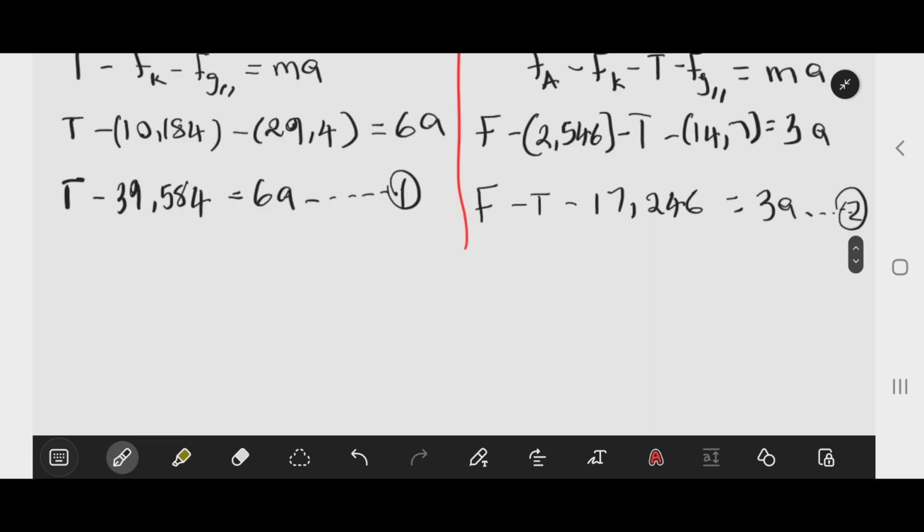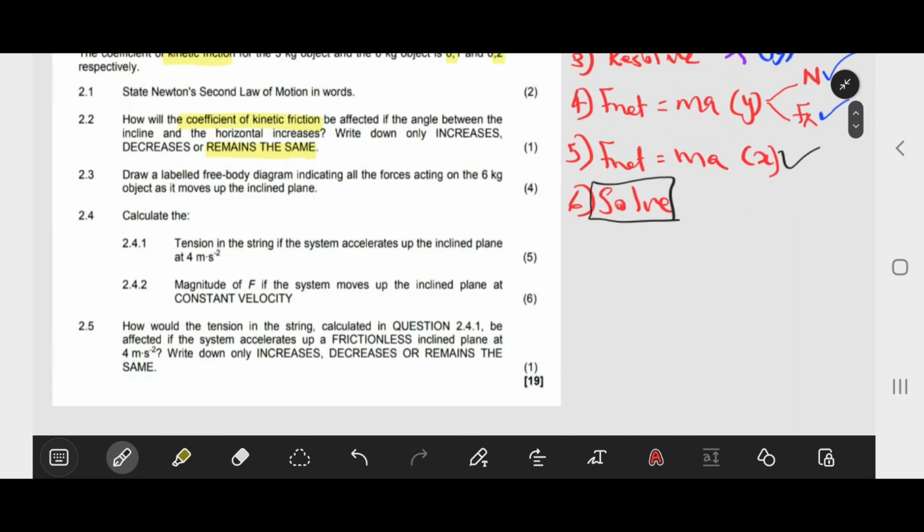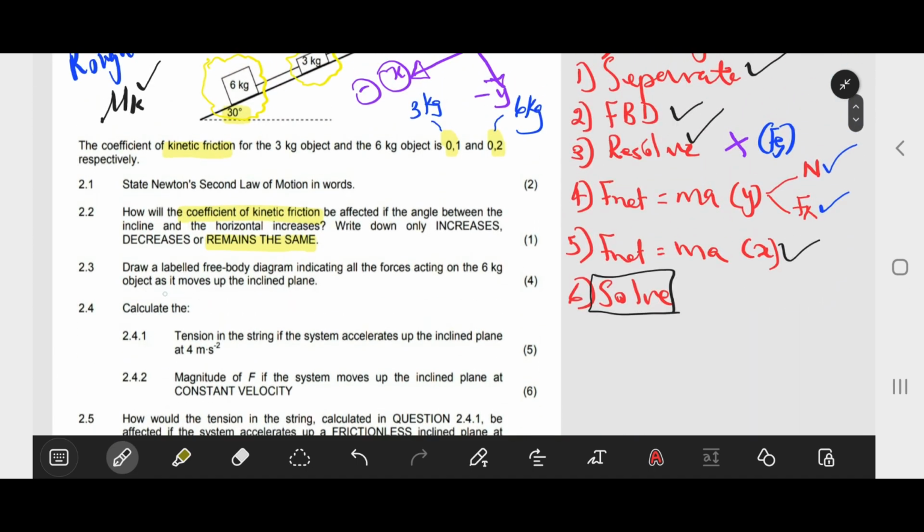Okay, so let us look at the next question. Draw a labeled free body diagram indicating all the forces acting on the 6 kg object as it moves up the incline. The fact that it is moving up the incline means friction should be down the incline, right? So we have already done this in our analysis. So 2.3 is from analysis, which is step number 2.